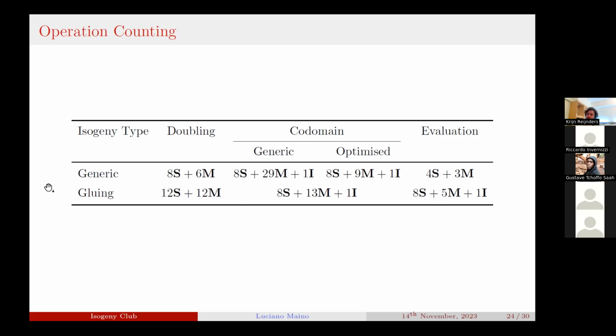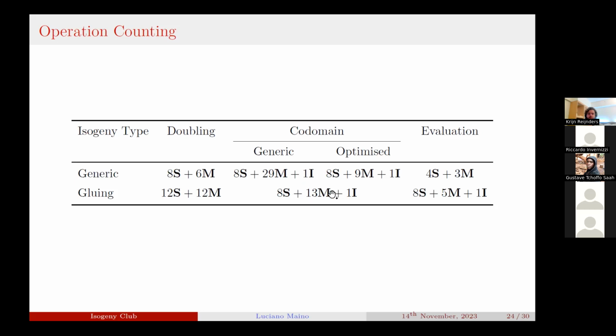operation counting. But for the generic case, doubling, as I said before, amounts to 8 squares and 6 multiplications. For the codomain, if you have access to additional information, which is the optimized case we pointed out here, which can come from doing some arithmetic on the abelian surface before computing the isogeny, then you can lower the generic cost of the codomain, which is 8 squares, 29 multiplications plus 1 inversion.